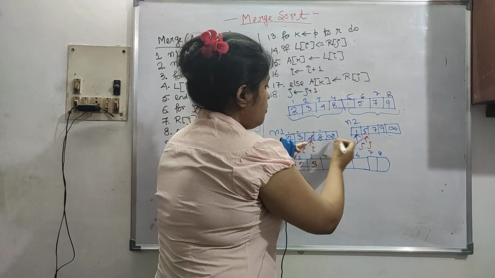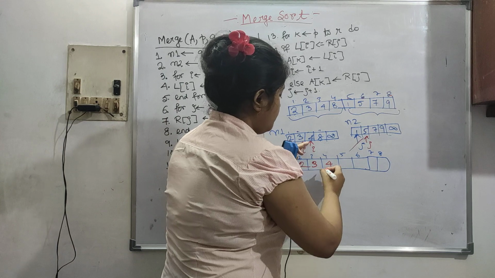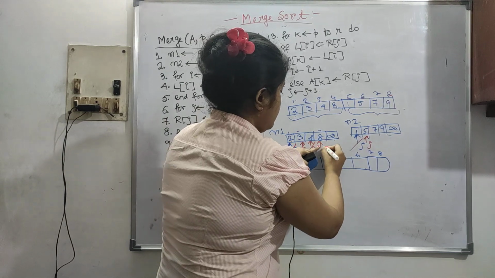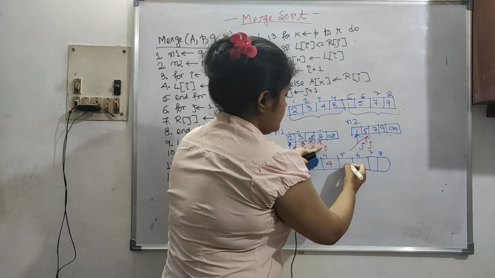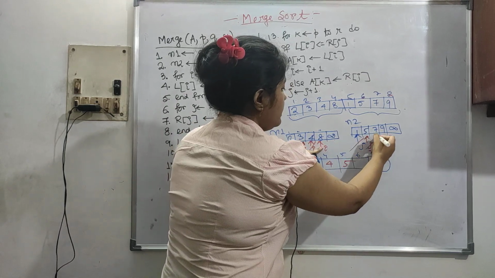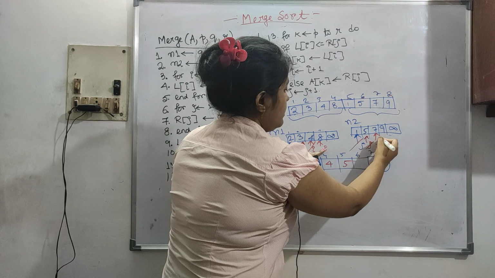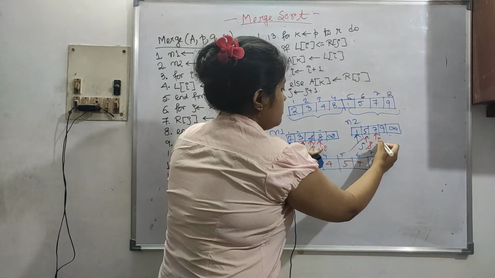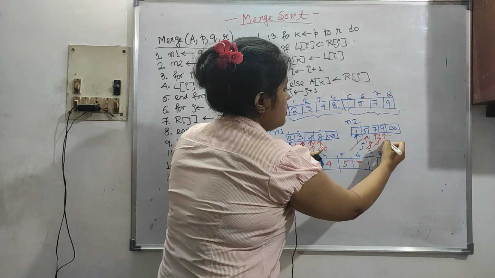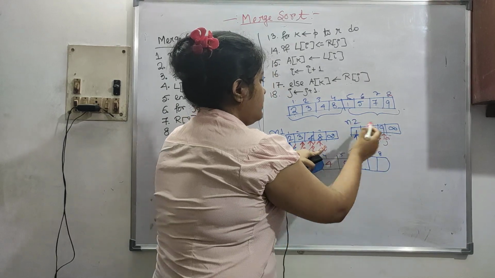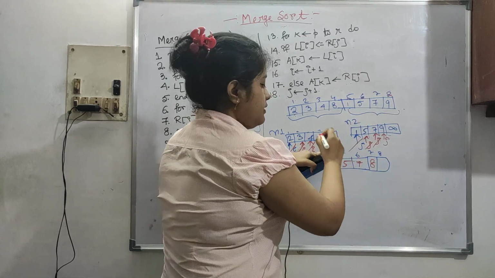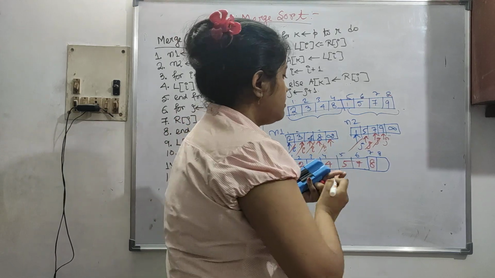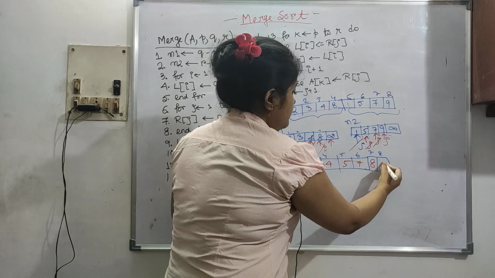So now 4 and 5, 4 is lesser, 4 is put here and it is incremented. 8 and 5, 5 is lesser, so j is incremented to next, okay. So 8 and 7, 7 is lesser, so j is incremented to the next pointer. 8 and 9, 8 is lesser than 9, so 8 is put and I is incremented.